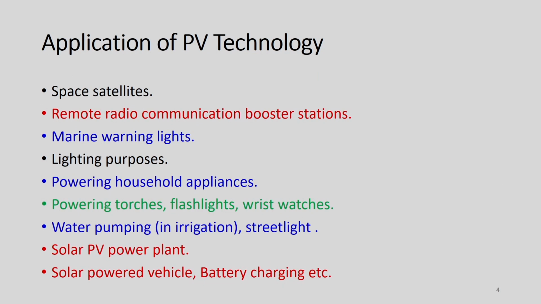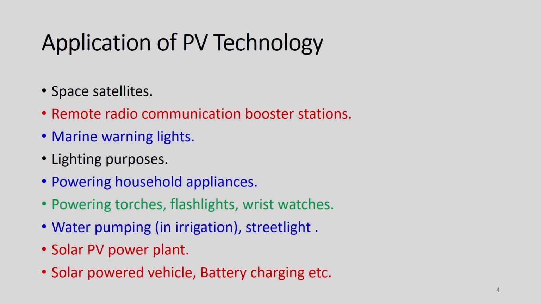So, among all the applications, the prominent applications are space satellites, then remote radio communication booster stations, marine warning lamps, lighting purposes, then powering household applications, then powering torches, flashlight, wristwatches, water pumping in irrigation and street lighting, then solar PV power plant for large scale power generation, and modern uses are something like solar powered vehicles, then battery charging stations, which are very modern use.